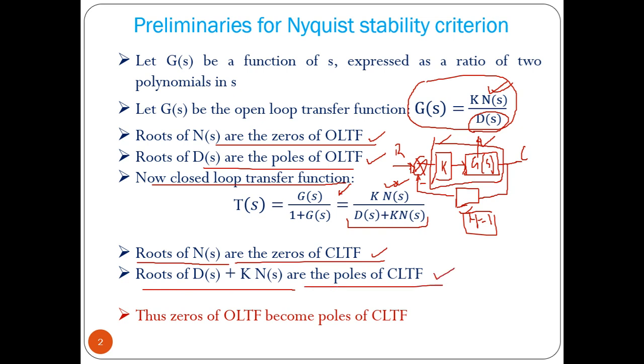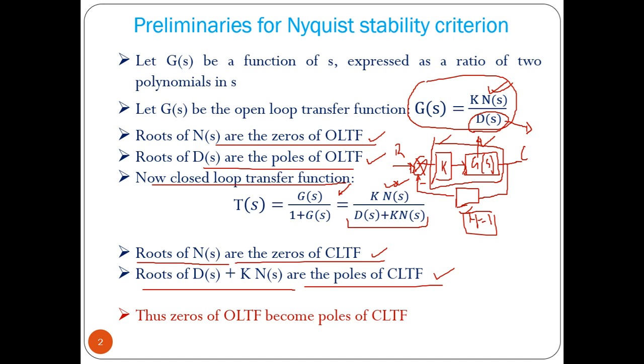From that point, what we can conclude is that the poles of the open loop transfer function we can get from D(s), and the poles of the closed loop transfer function we can get from the D(s) plus K N(s) polynomial.